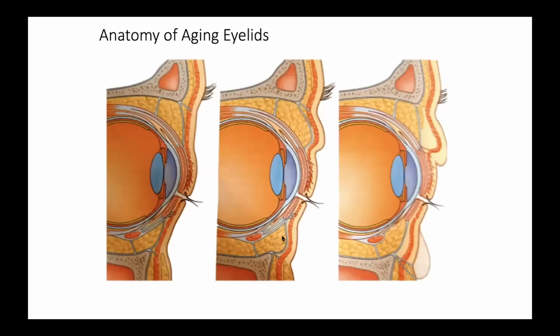It's not that we have more fat in our lower lids. They're not bulging because there's more fat, but because the fat's not being held back as well. And we have that orbital retaining ligament, the orbital malar ligament, that's holding the orbicularis and the skin in, creating that groove and allowing the fat to protrude over it.